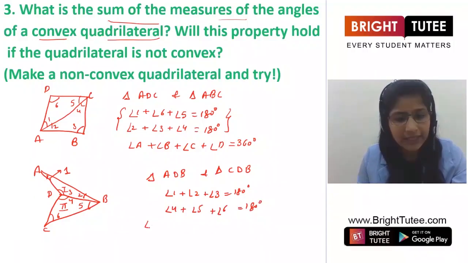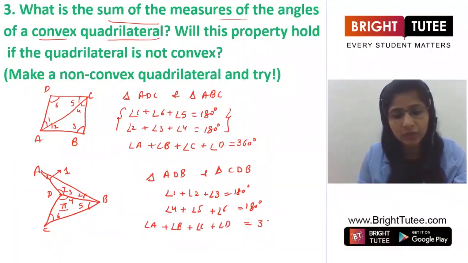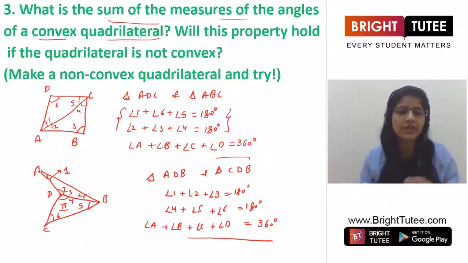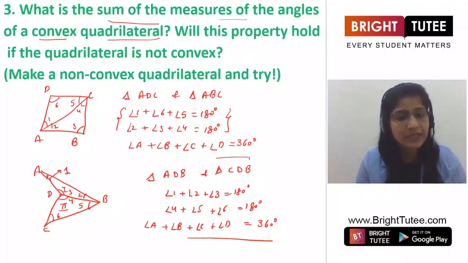Adding these two, we get angle A plus angle B plus angle C plus angle D is equal to 360 degrees. So here also we are getting the same result as for a convex quadrilateral. That means the property will still hold whether the quadrilateral is convex or concave. The sum of interior angles will be equal to 360 degrees.